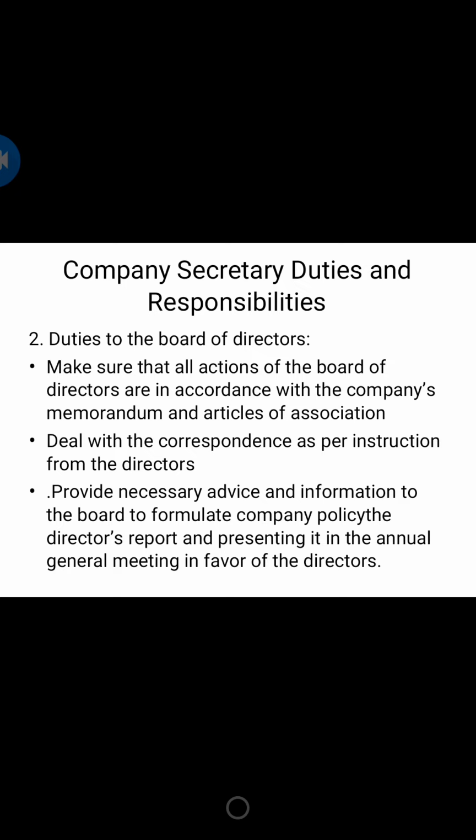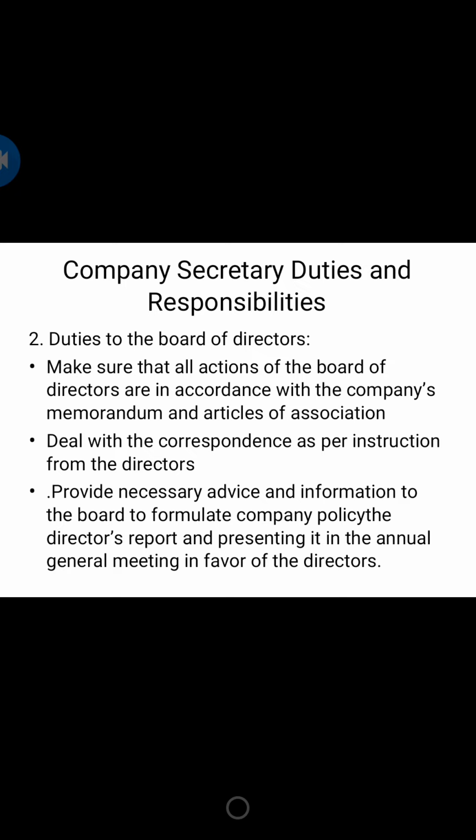This is also a legal document, and along with the memorandum of association, it serves as the constitution of the company. It comprises rules and regulations that govern the company's internal affairs. The document where the rules and regulations of the company are there, we call it articles of association.